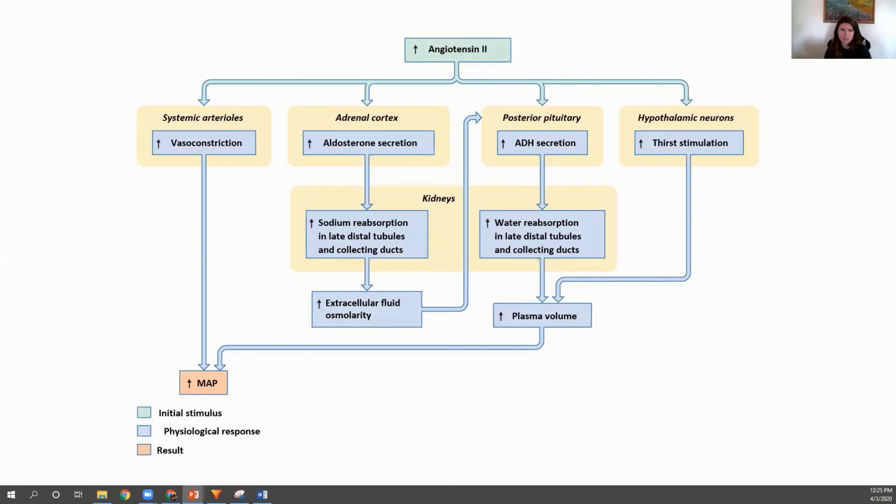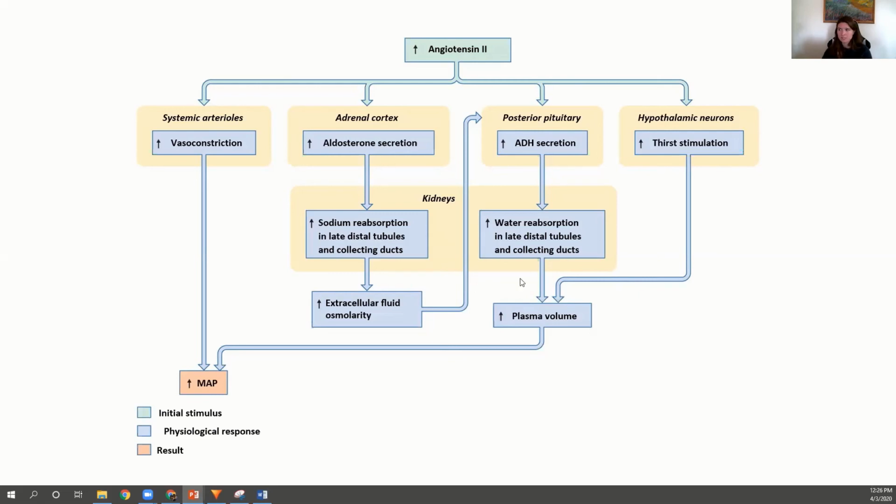So when we increase our sodium reabsorption, we increase our ADH from the posterior pituitary, which then increases the water reabsorption in the late distal tubules and collecting ducts by toggling on and off the permeability of the apical membrane to water, through the insertion of those aquaporin 2 molecules in the apical membrane.